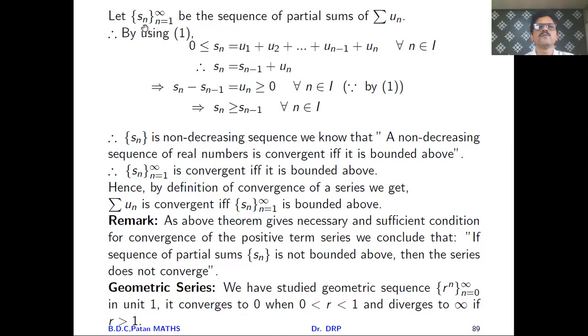So if we consider Sn, where n runs from 1 to infinity, as the sequence of partial sums of summation un, then by using (1) we get un greater than or equal to 0.